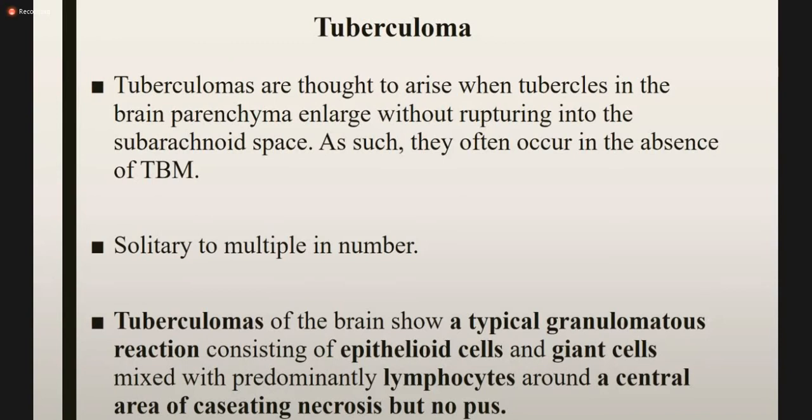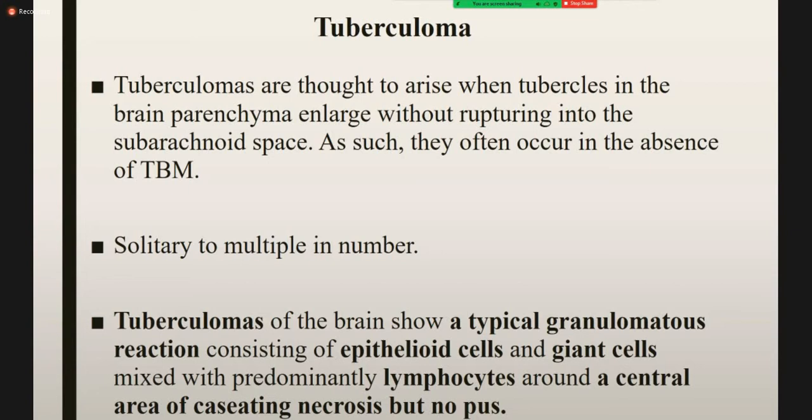As such, they often occur in the absence of TBM. So it's not necessary that a patient with CNS tuberculoma also has TBM. They can present simply as a space-occupying lesion, and tuberculomas can be solitary or multiple in number.